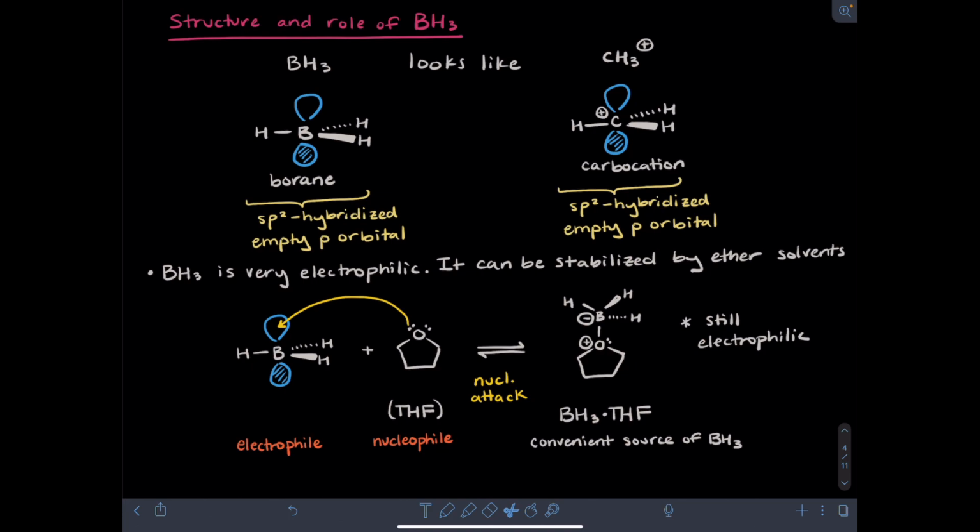After this nucleophilic attack, a new oxygen-boron bond forms. Oxygen has 3 bonds and a positive charge, and boron has 4 bonds and a negative charge. This compound is known as BH3THF. And because the BH3 in it is less reactive, it is a more convenient source of BH3. But whenever you see this BH3THF, still think about the boron in it as being an electrophile.